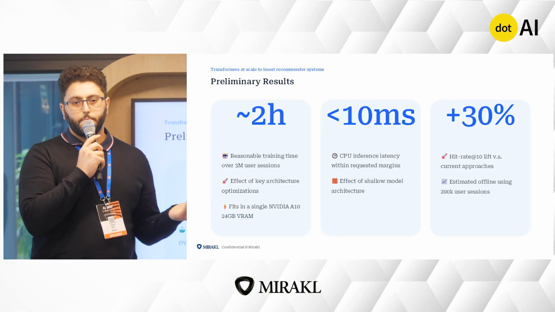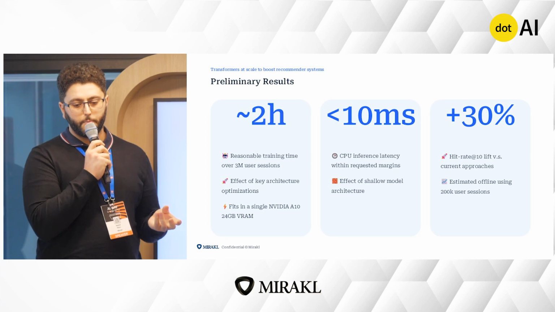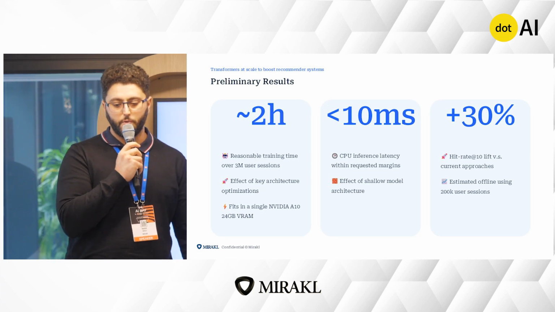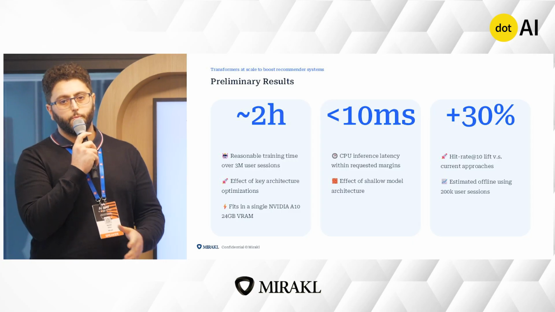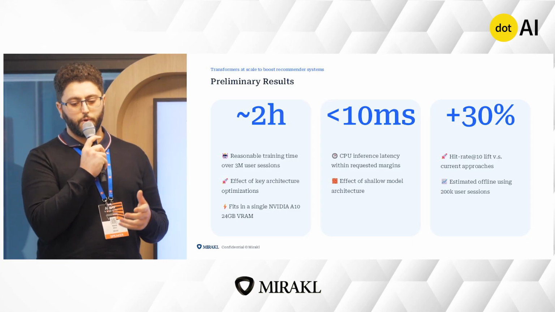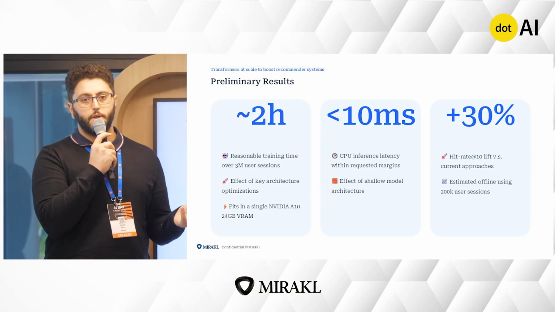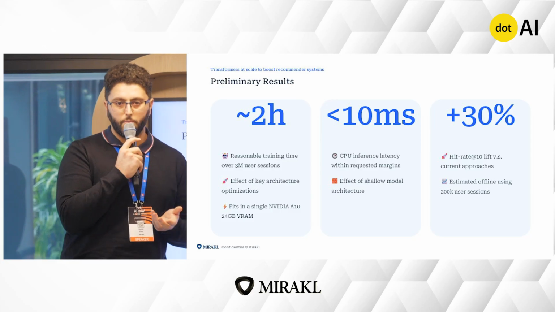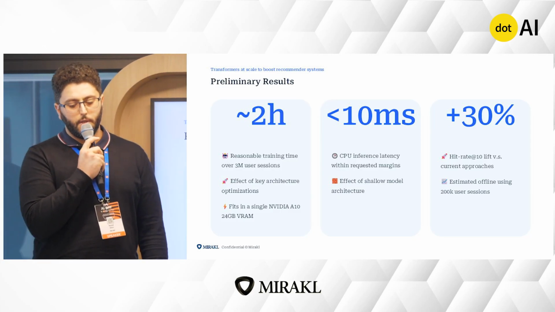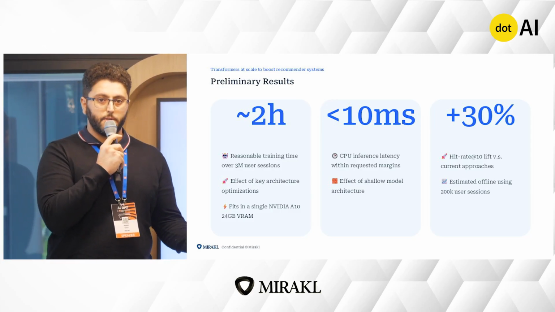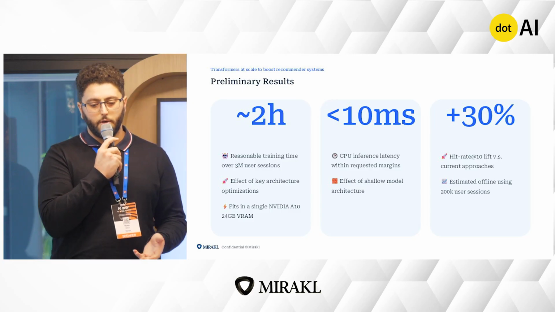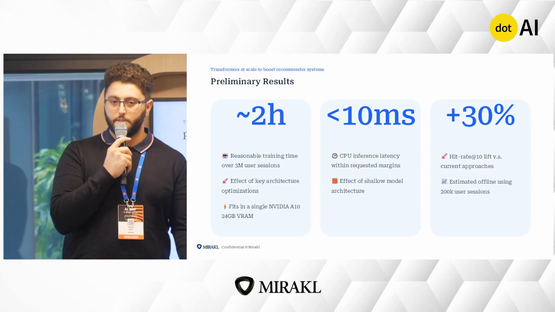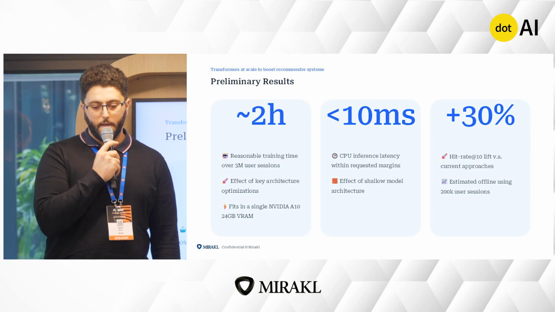So we're still in POC phase regarding this topic, but we already have a few figures to share. Starting with the training part. It takes approximately 2 hours to train a model on approximately 3 million user sessions, which is quite reasonable. And it also fits in a single NVIDIA A10 GPU with 24 gigabytes of VRAM, which is possible thanks to the optimizations we've mentioned before.